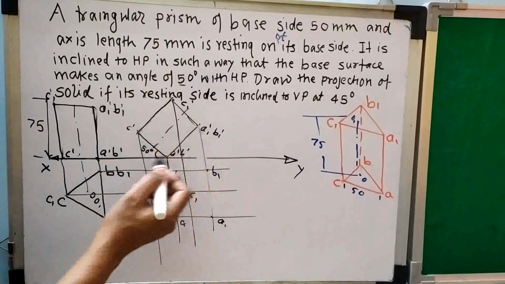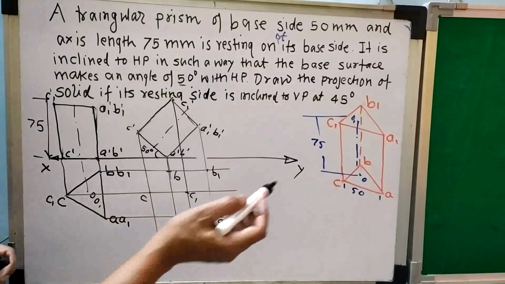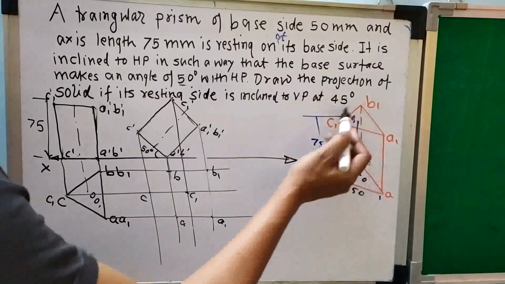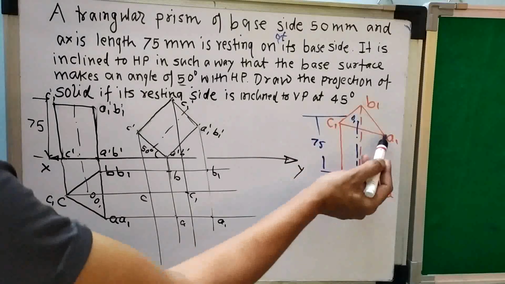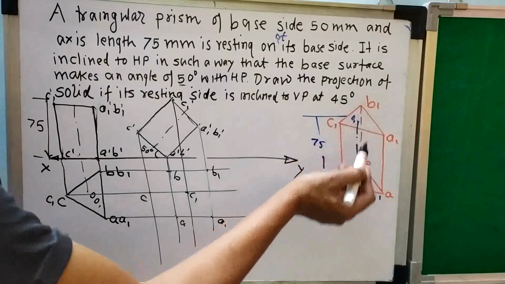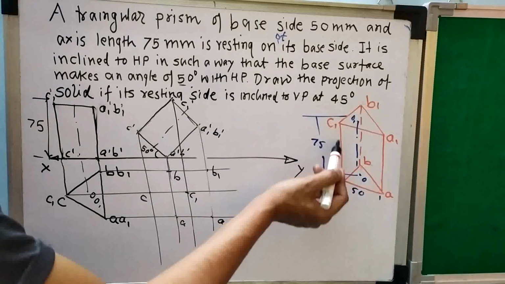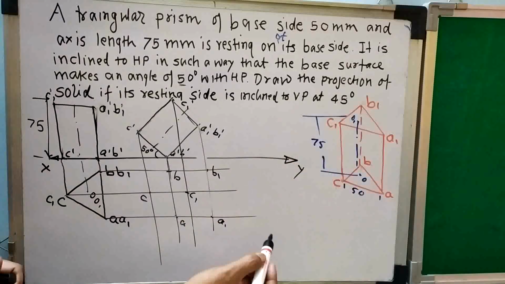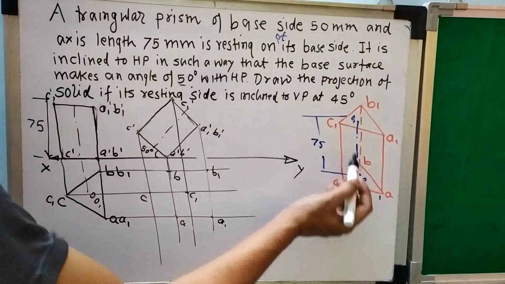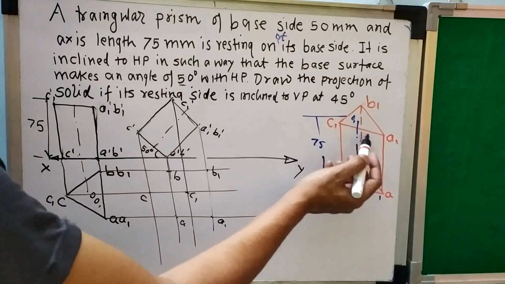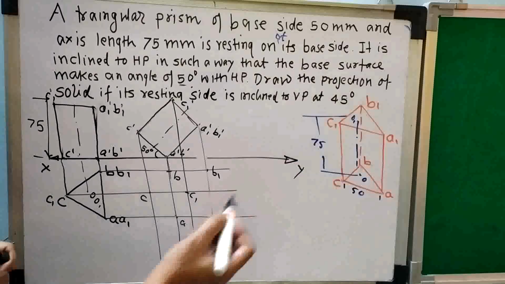So when I create a solid, what do I have to do? I have to join the real parts. So what are the real parts? These are the three vertical edges, that is AA1, BB1 and CC1. I will join these three vertical edges. Then I will join the real edges of the base ABC and the edges of the top A1, B1, C1.